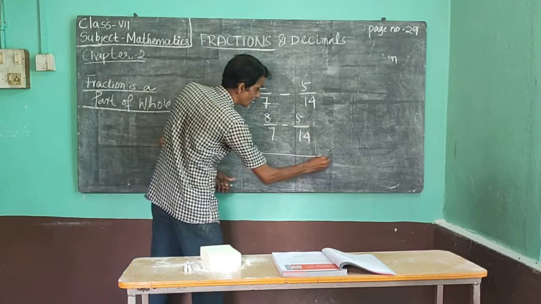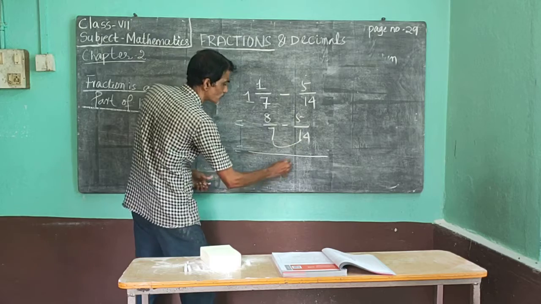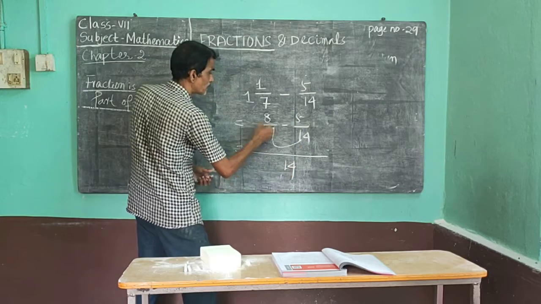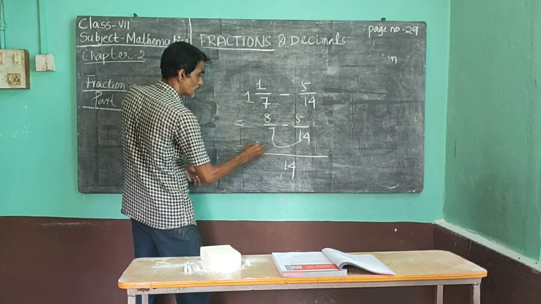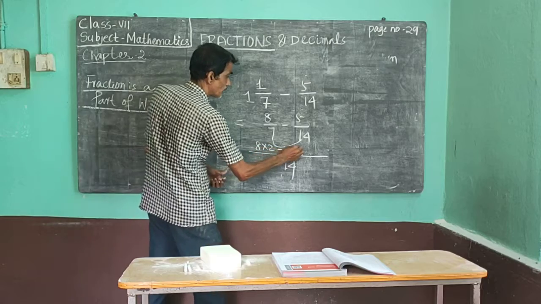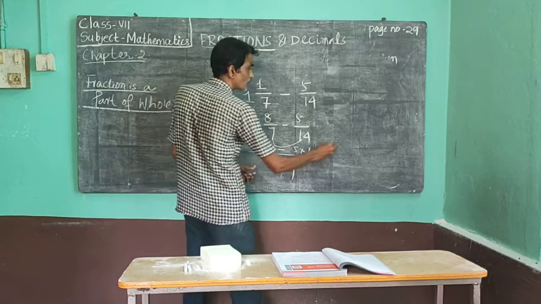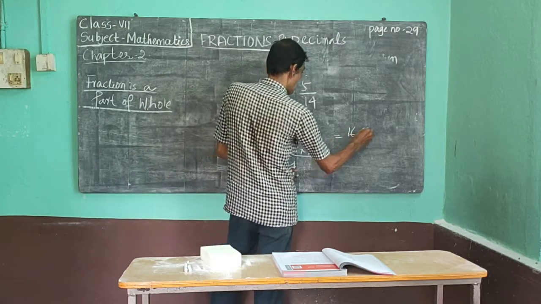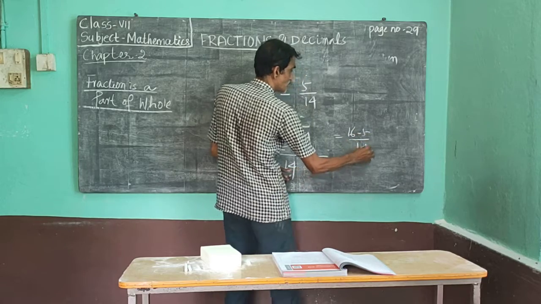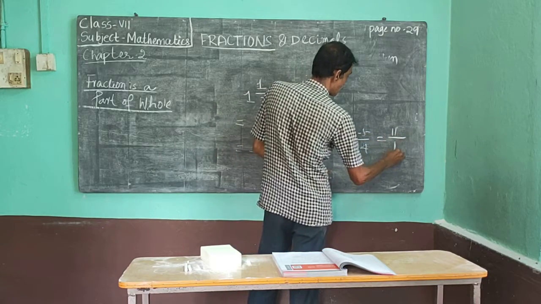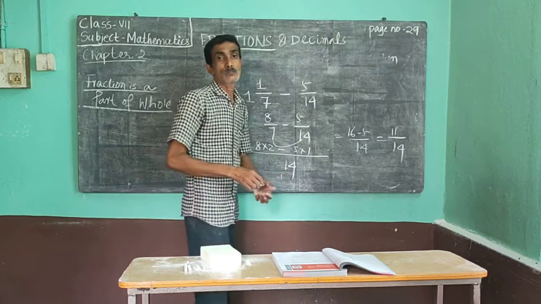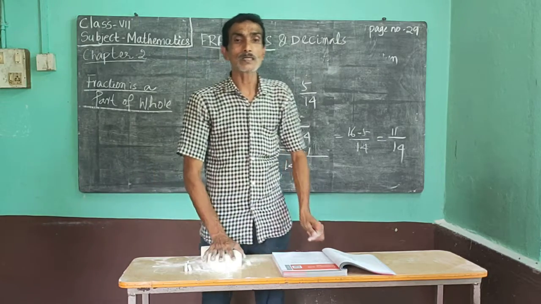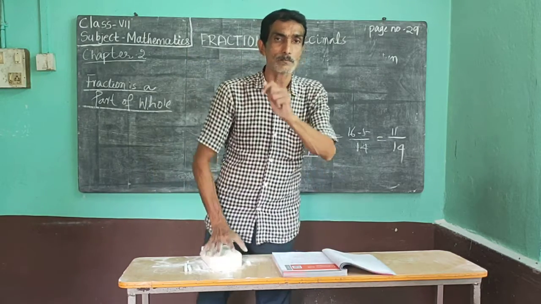Again same, LCM of 7 and 14 is 14, divide, multiply. 8 multiplied by 2 minus 5 multiplied by 1. 16 minus 5 upon 14, your answer is 11 upon 14. So this is how two fractions can be added and subtracted.